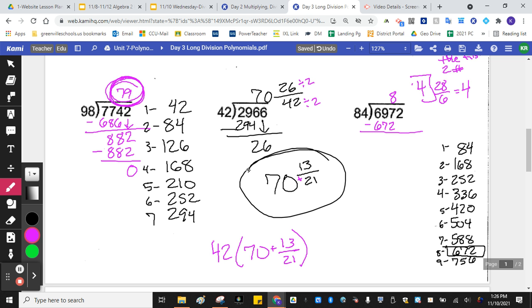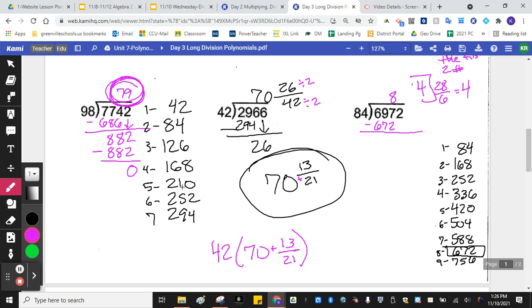That's how you check it. And you should get 2,966. That's nothing like what my calculator just gave me. It gave me 96.